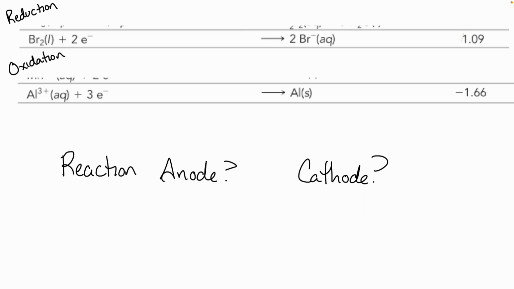Which happens at the anode. Remember what we're supposed to remember here: from anode to cathode. So my reaction that releases the electron is going to occur at the anode. That's my oxidation reaction. And my reduction reaction is going to happen at the cathode, the one that accepts the electron.